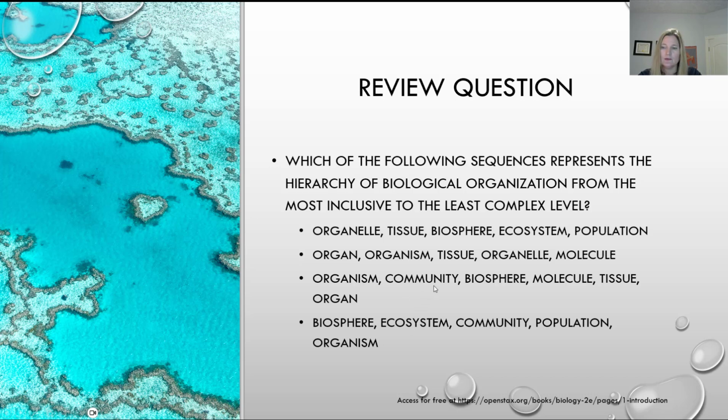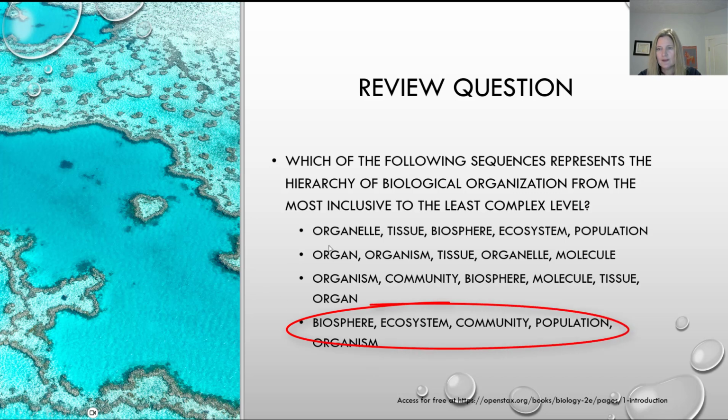That's true. Ecosystems are made up of communities. That's true. Communities are made up of populations. That's true. Populations are made up of organisms. I think that's the winner. And this one goes from most inclusive, all living things on Earth, to least complex.